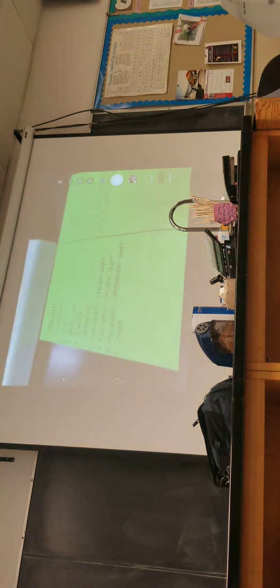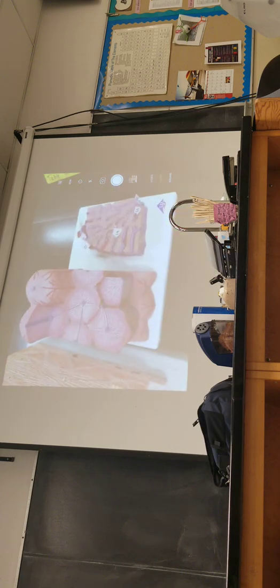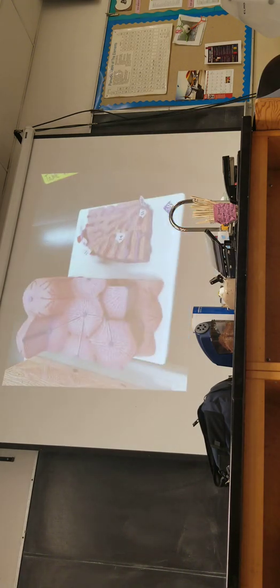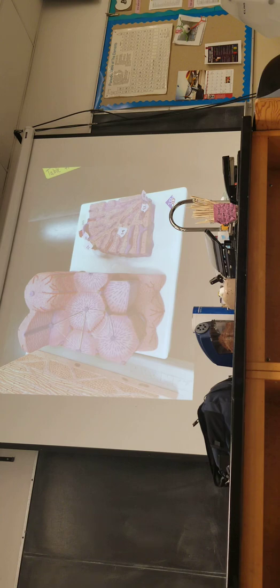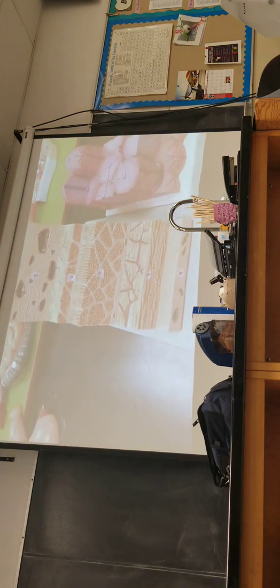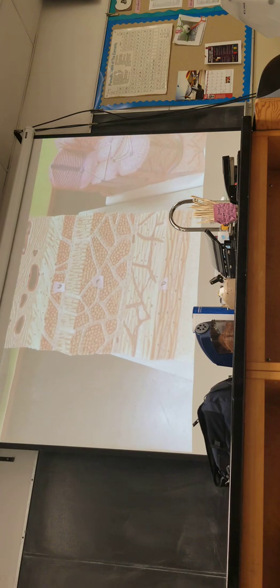Okay, and then we'll have a model of the stomach and its 3 tissue layers and the liver lobule to make it more clear. What's weird about the stomach is that it has 3 muscularis layers.